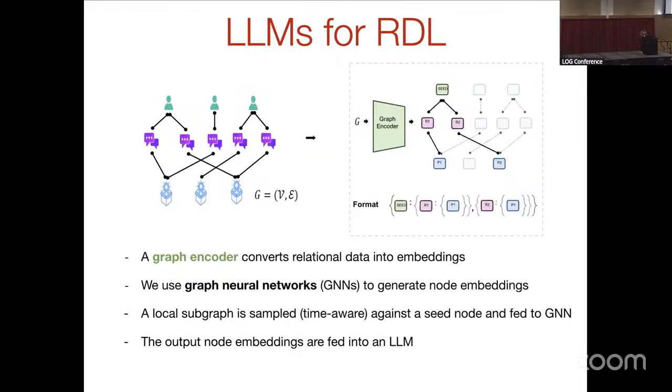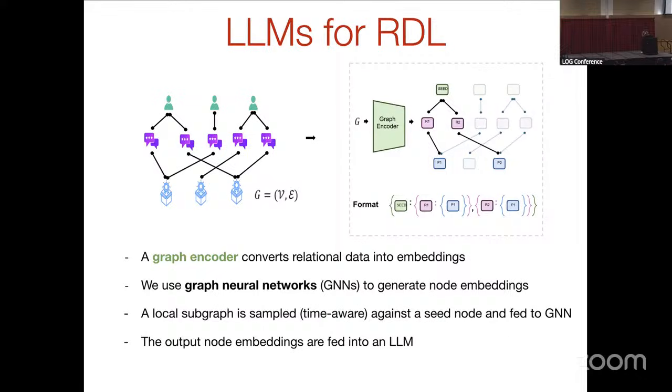But we can convert the graph structure information into an embedded context that can be used as a soft embedding or soft prompt for an LLM. Because we have established the connection of relational databases with graph machine learning, we can use a graph encoder that converts relational data into embeddings, and these embeddings can be used as soft prompts.